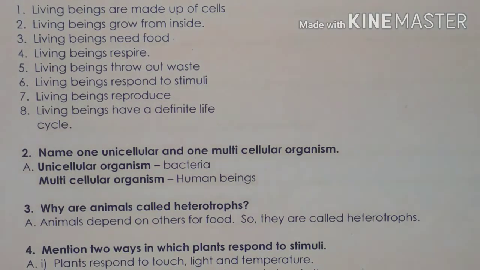We have already learned about autotrophs and heterotrophs. Here animals are called heterotrophs. The reason is animals depend on others for food. Unlike plants, they cannot produce their own food by means of photosynthesis. They have to depend on other animals or other plant products for food. So they are called heterotrophs.